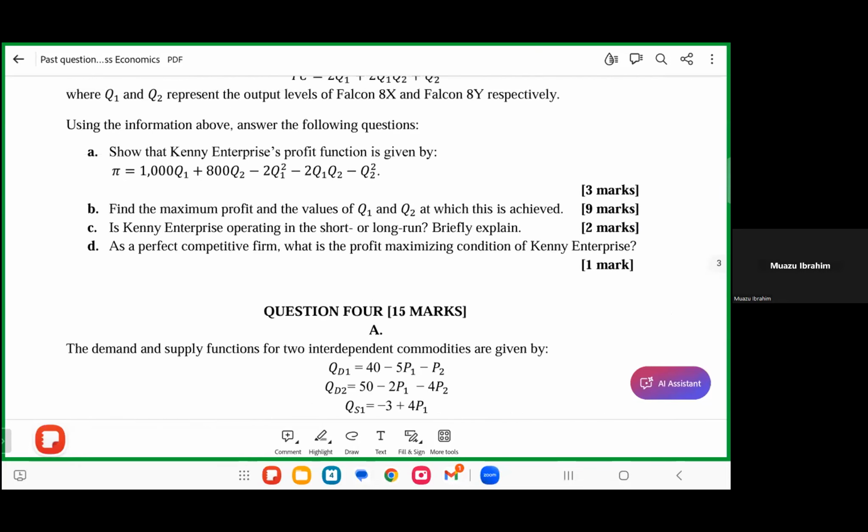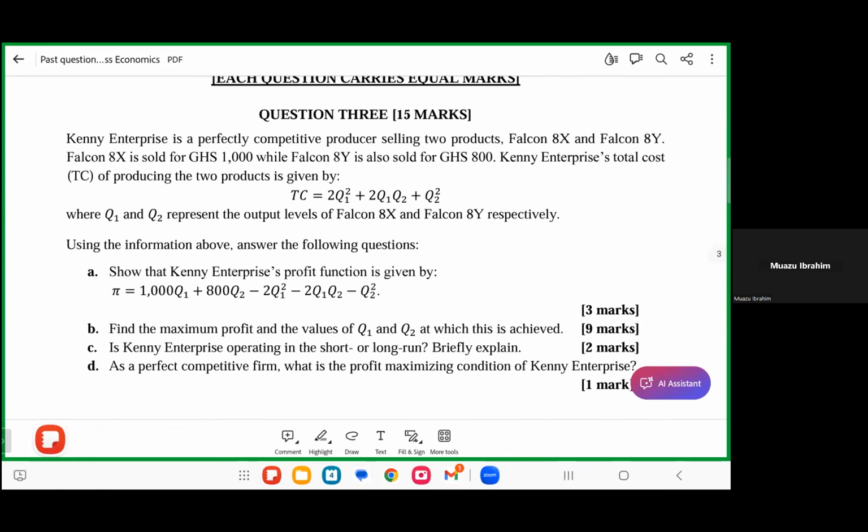Okay. So this is a typical perfect competitive market question. And what is it saying? It's saying that Kenny Enterprise, okay, it's a perfect competitive producer selling two products, Falcon 8X and Falcon 8Y. Falcon 8X is sold for 1,000 cedis, while Falcon 8Y is sold for 800 cedis.